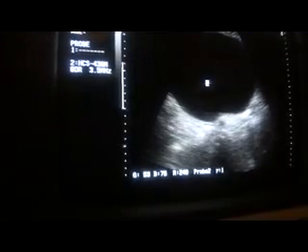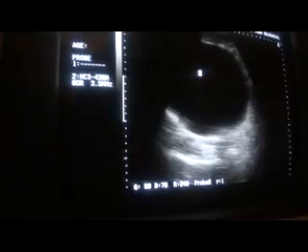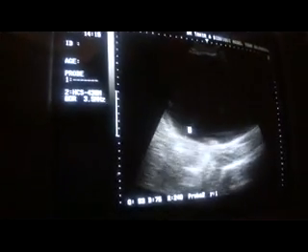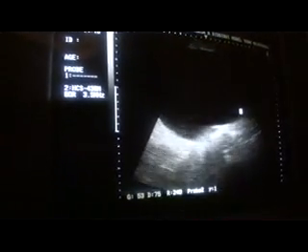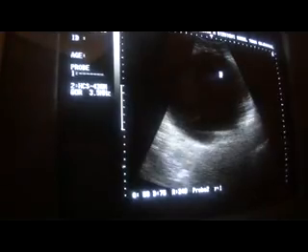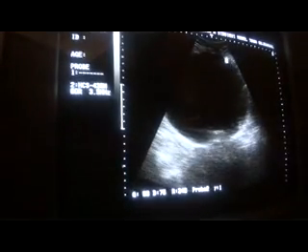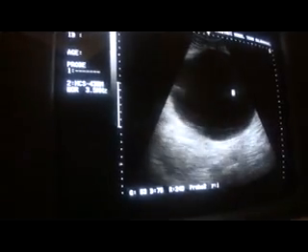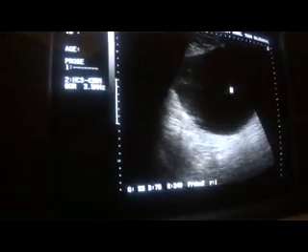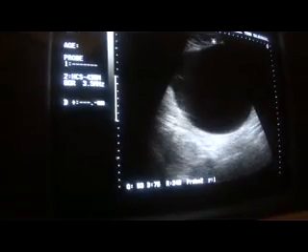This cyst is internally clear. There are no internal echoes. There is no calcification. There are no septa, and there is no solid element seen in it. Its outer surface is thin. It is a thin-walled cyst. See, this is its outer surface. This is the outer margin.